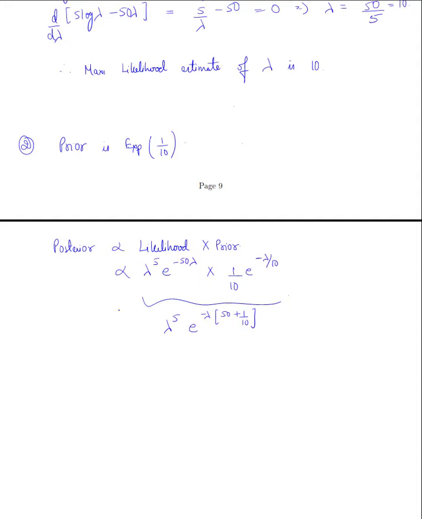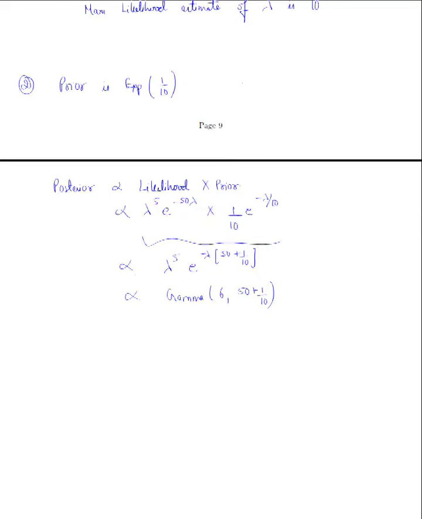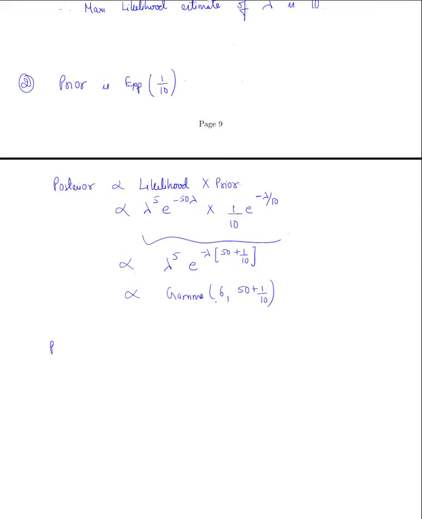Now if you see, this is nothing but a gamma distribution, with the parameter a equals 6 and the parameter b equals 50 plus 1 by 10. So the posterior is gamma 6 comma 50 plus 1 by 10.